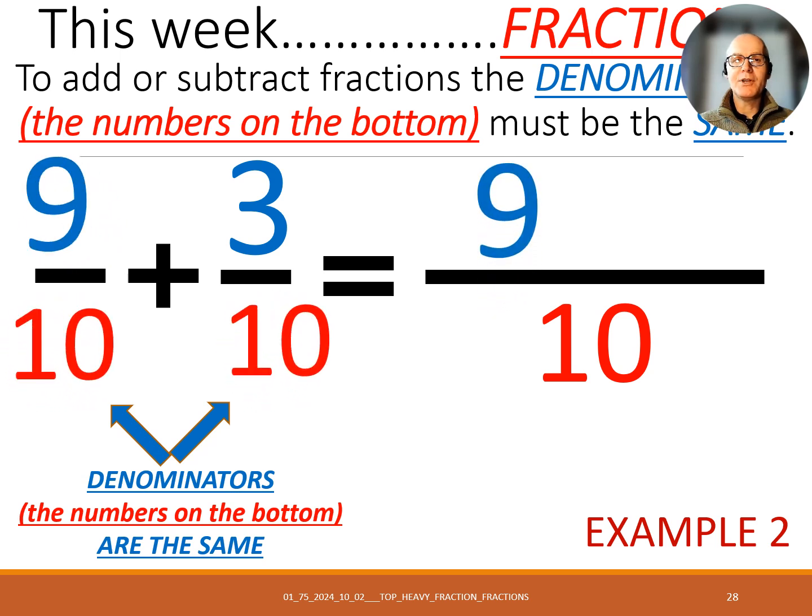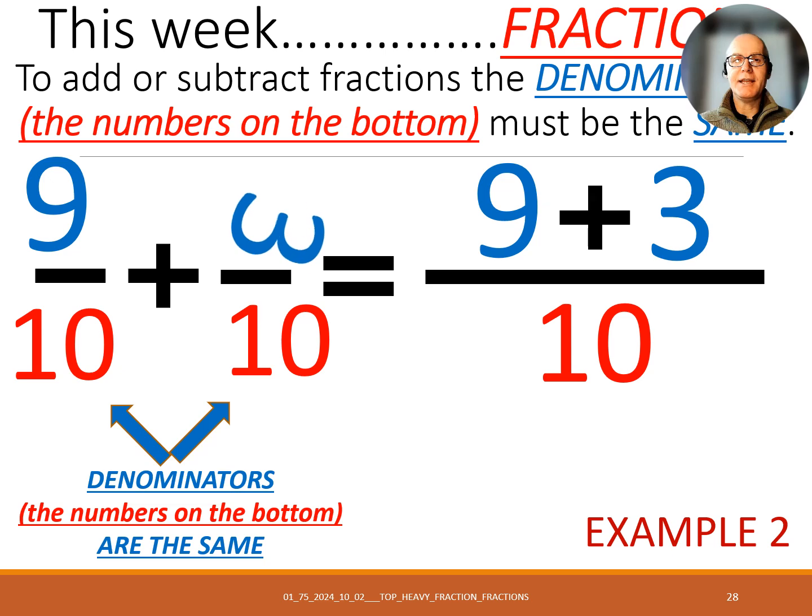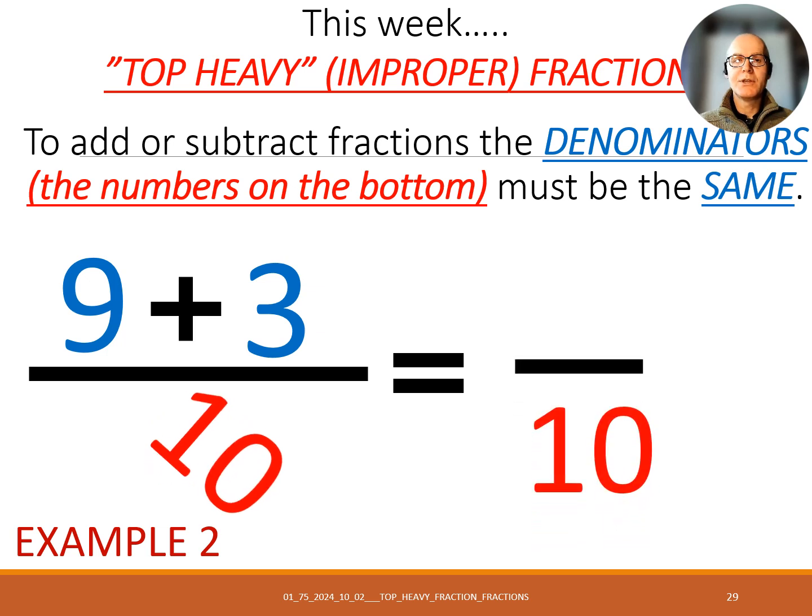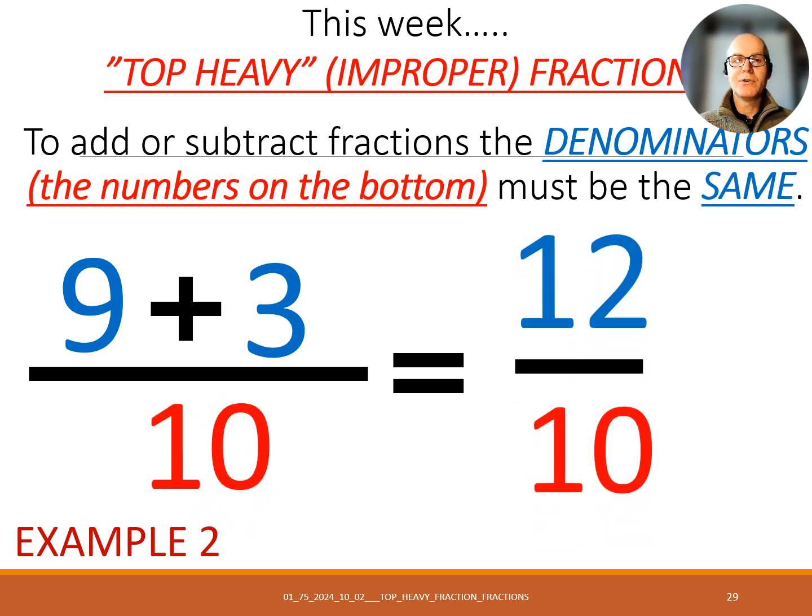On the top we've got 9 plus 3. 9 plus 3 equals 12. 9/10 plus 3/10 equals 12/10.